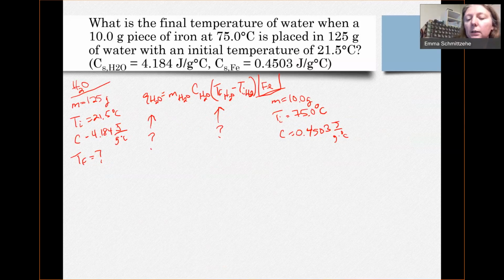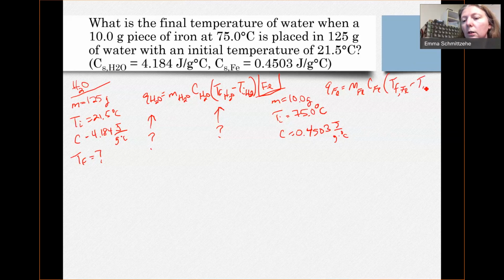Okay, but we can set up our equation for iron as well. Let's write that one down. So Q of Fe equals the mass of Fe times the heat capacity of Fe times the final temperature of Fe minus the initial temperature of Fe. Okay.